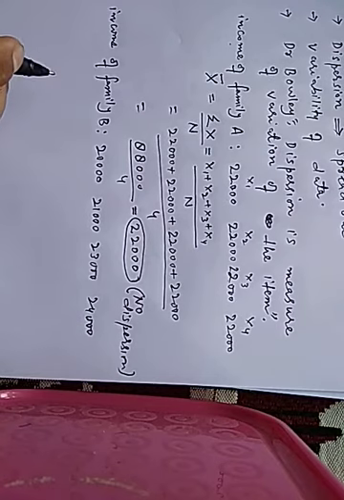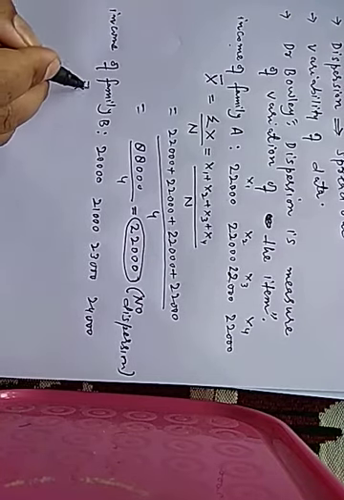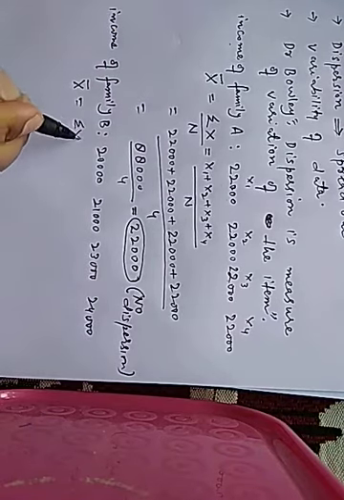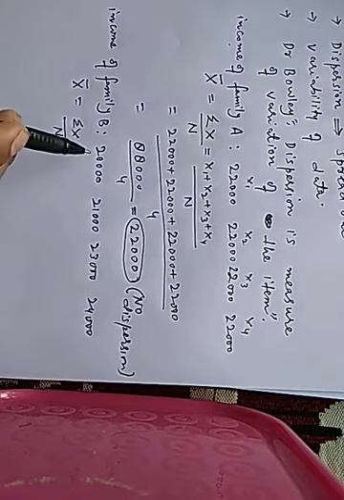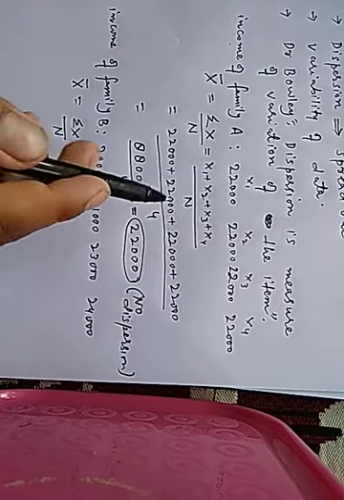Their average income will be calculated with the help of the formula of arithmetic mean in case of individual series, that is x bar equal to sigma x divided by n, where sigma x will be addition of these values x1, x2, x3 and x4.